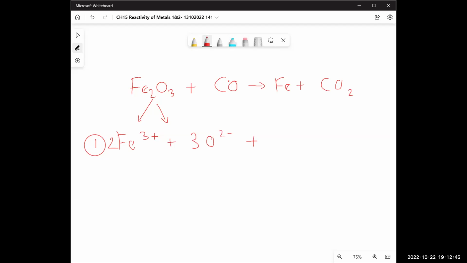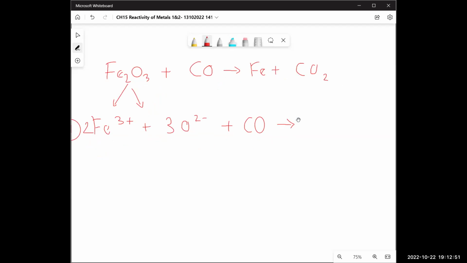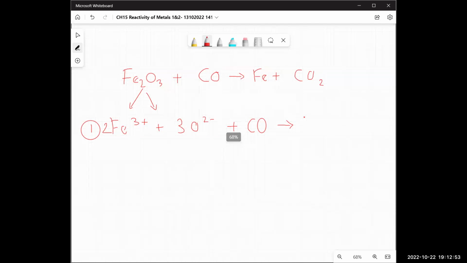Plus CO, then an arrow. Sir, is this carbon monoxide? Yes. Sir, what's the valency of carbon monoxide? Is it 3? Now, the problem is, this is not an ionic compound, right?